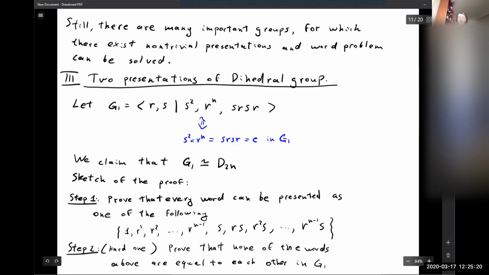And altogether, this will give you an isomorphism of G1 to the dihedral group D_2n. Okay, so any questions so far? So this is an example of a finitely presented group where the word problem can be solved.